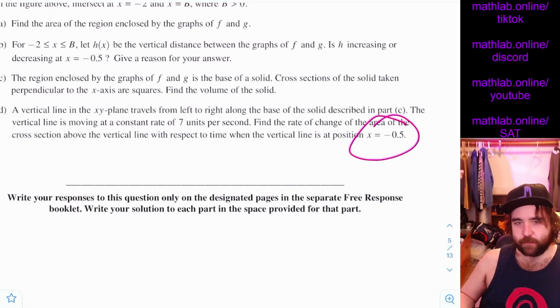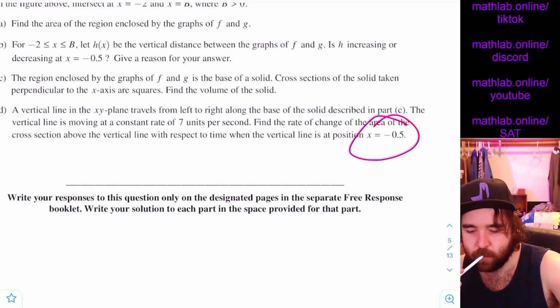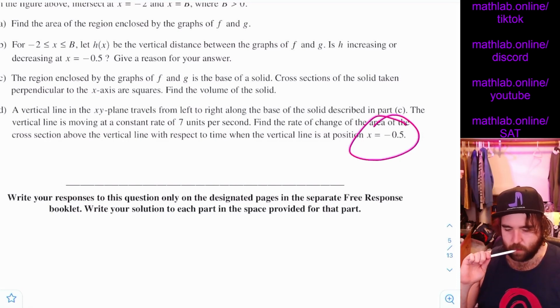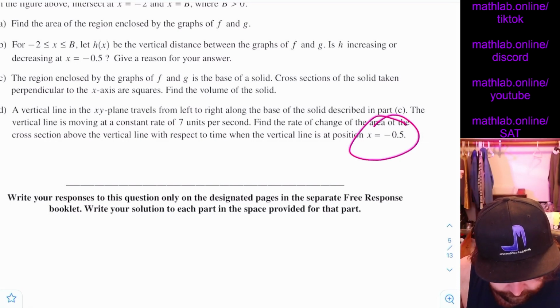Oh, I didn't change the stream category. Is it because all this is based on x as opposed to time?